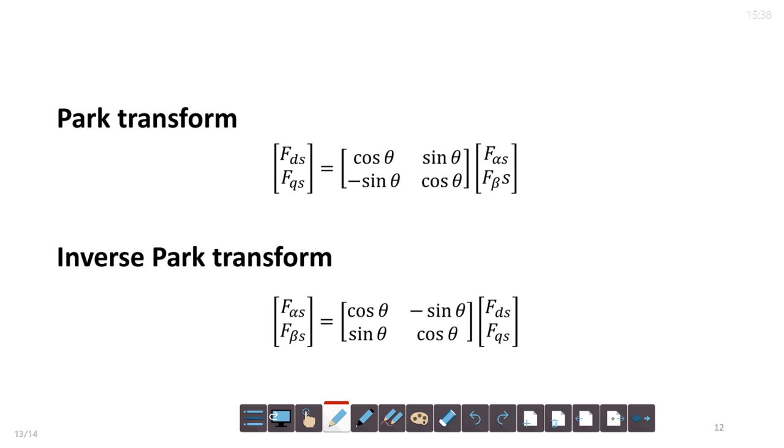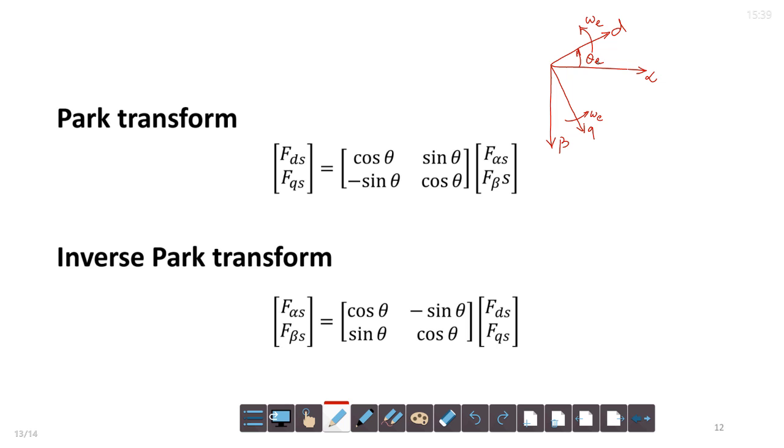Then the Park transformation is applicable, same thing. Between D and Q the angle is alpha. So, it is like this: alpha, beta, D, Q. This is rotating at omega e, and this angle is theta e.